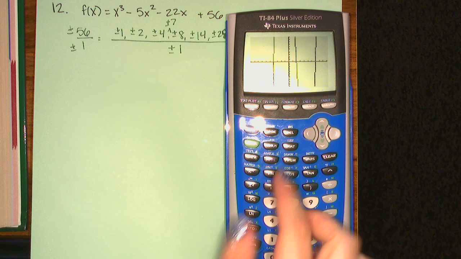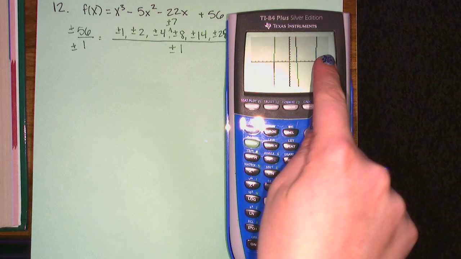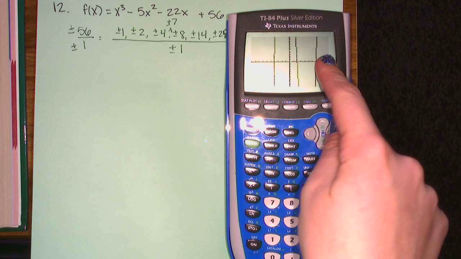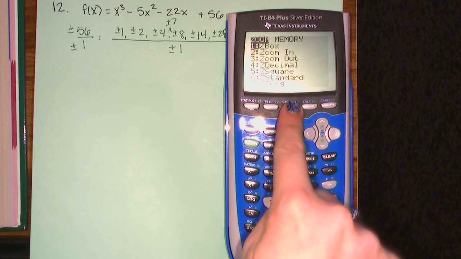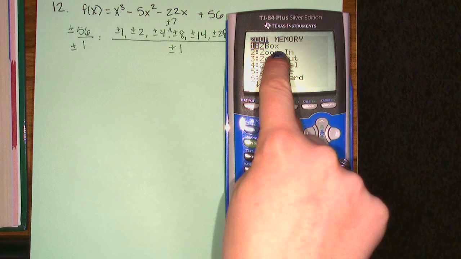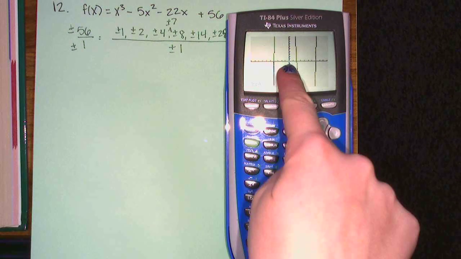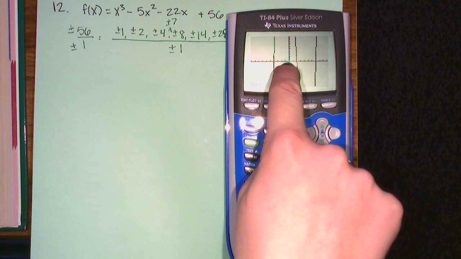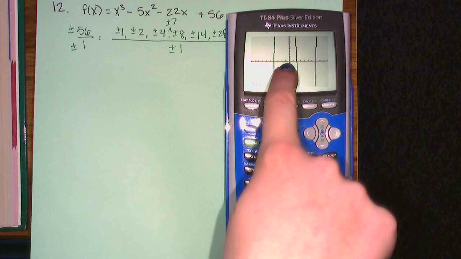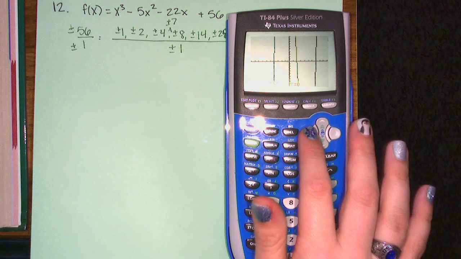So all we need is whatever's on the x-axis. That's the only values that we need. So you're going to hit zoom and then box. That's number 1. Now, notice your little blinker is right there in the middle somewhere. Some of you that have the newer calculator probably can see it a little better.